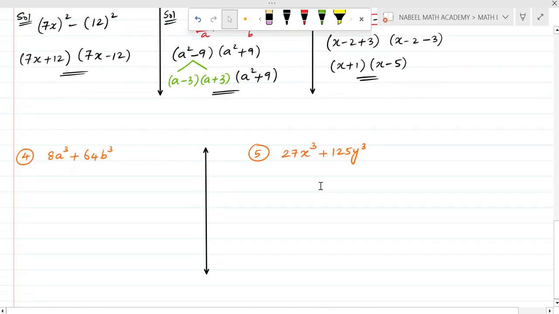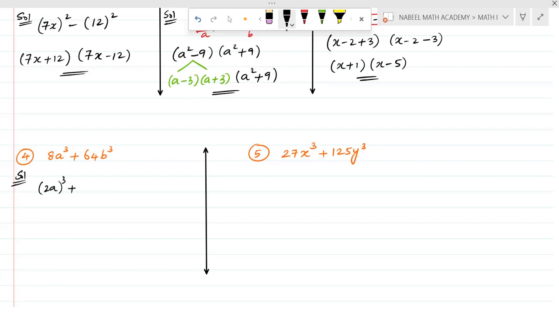Now the last problem here, we are using power 3. So you have a power 3, easily you can identify a cube plus b cube, you have to use the rule. So what happened here? a cube, that is 2a whole cube plus 4b whole cube. If you apply the cube inside, you will get 8a cube, here 64b cube.